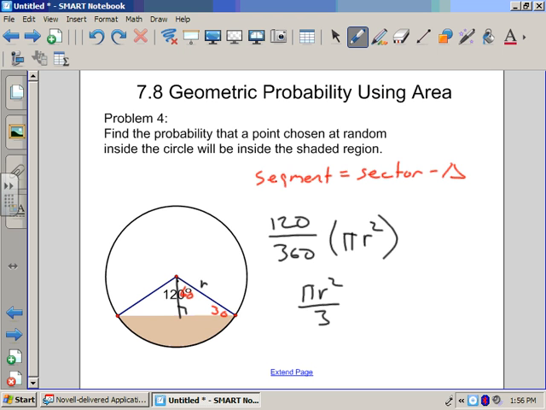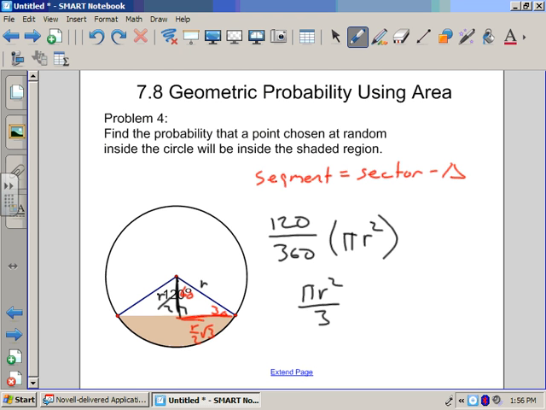If the radius is my hypotenuse and the altitude drawn here is the short leg, then the altitude must be r over 2. And if the altitude is r over 2, then this piece down here must be r over 2 times the square root of 3.